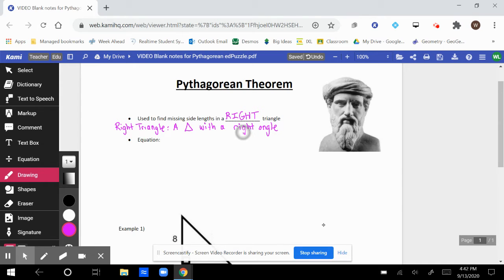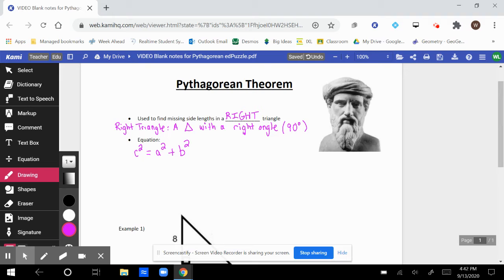And you guys all hopefully remember a right angle means 90 degrees. So we use the Pythagorean theorem when we have a right triangle, or a triangle with a 90-degree angle. The equation for the Pythagorean theorem is c squared equals a squared plus b squared.